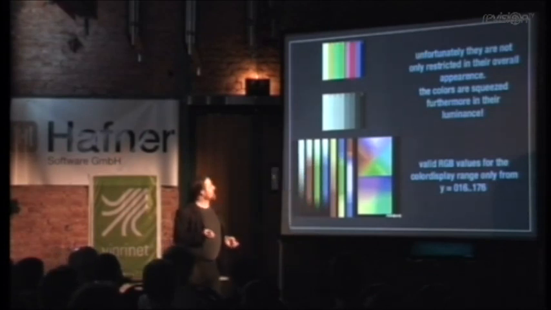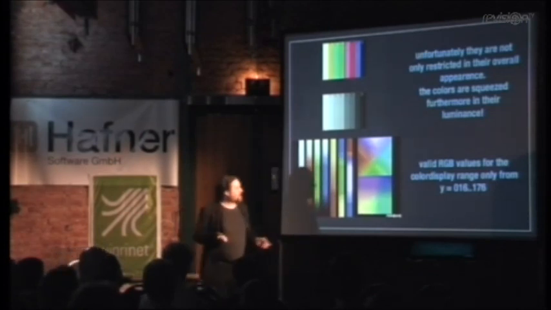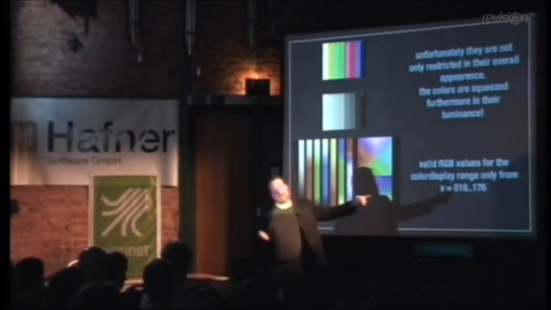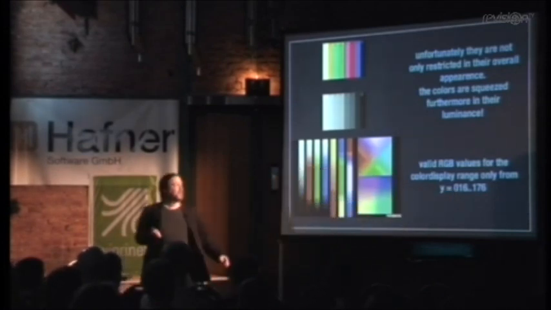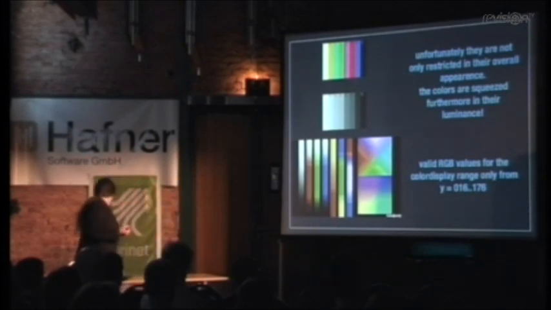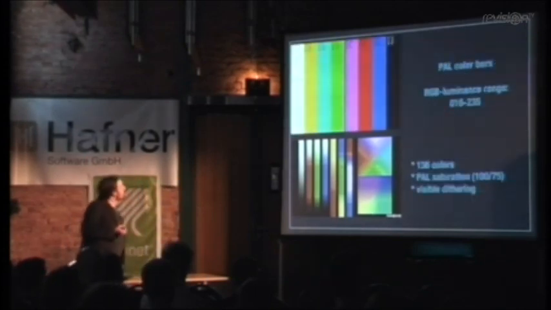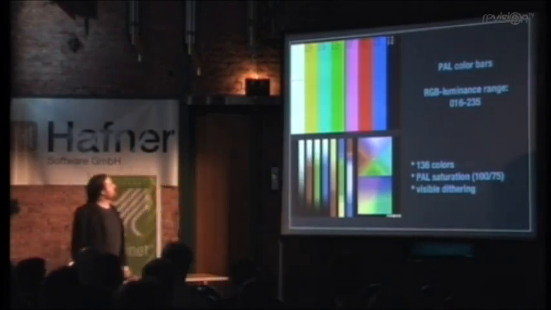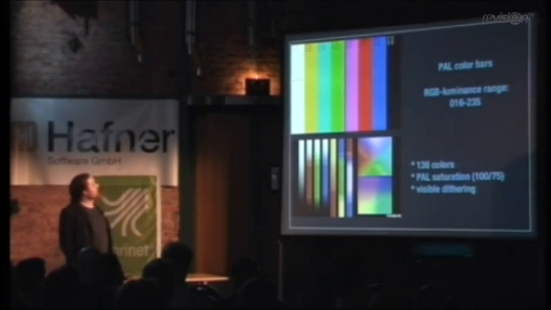So in fact, the colors can become values from 16 to 176. That means if we go back, we see at the upper bars we have a spectrum. No, we have a saturation of 75%. That's what I meant at the beginning.